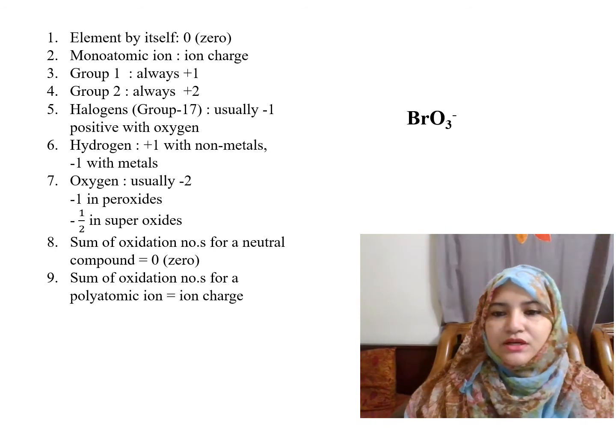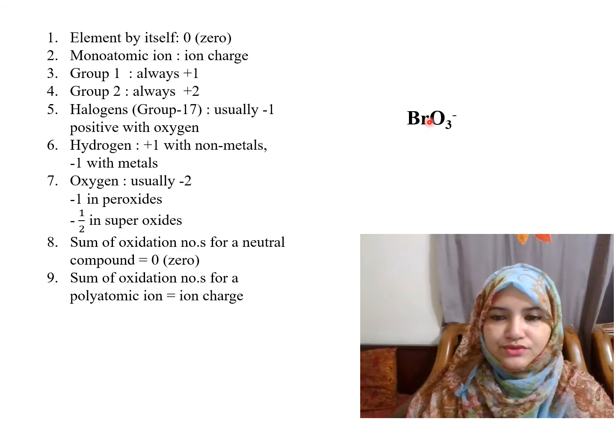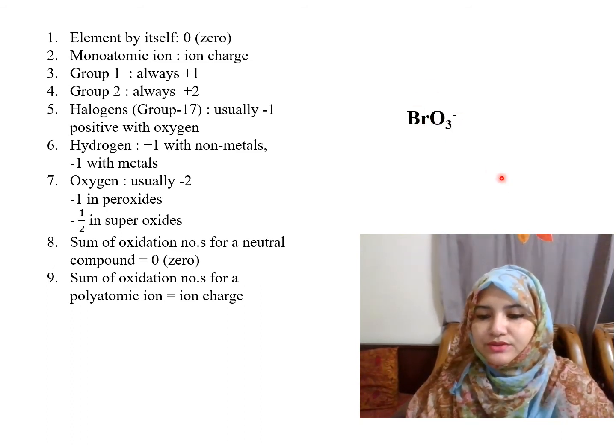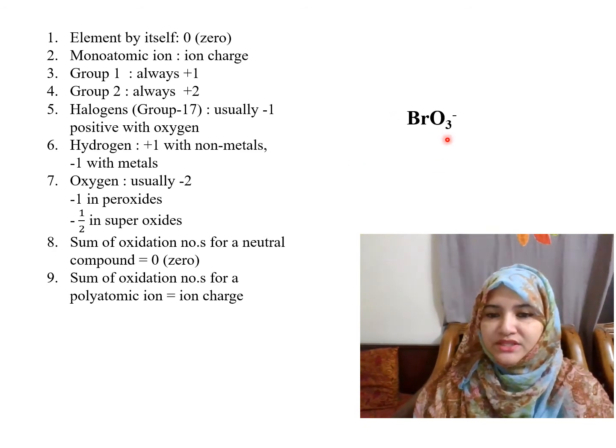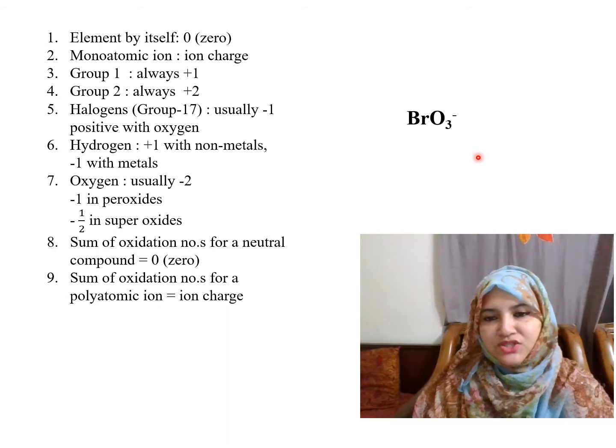This is a polyatomic ion. Bromine and oxygen make ions, and this bromate ion contains one minus charge.